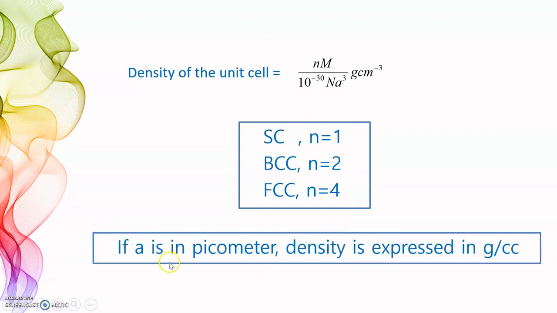Please note that we have substituted the value of a in picometer and have obtained the density in grams per cc. So, when you are solving problems, if you are substituting the value of edge length, that is a, in picometer, no conversion is needed. You will get density directly in grams per cc if you are using this equation.